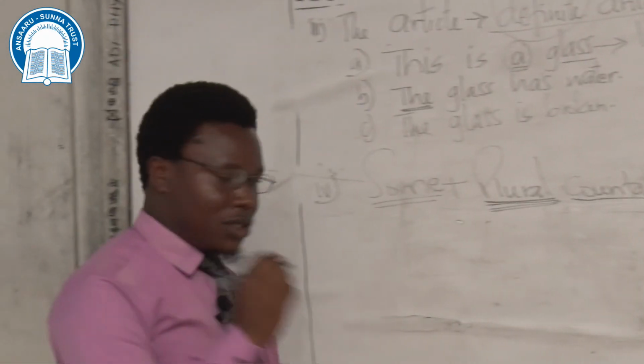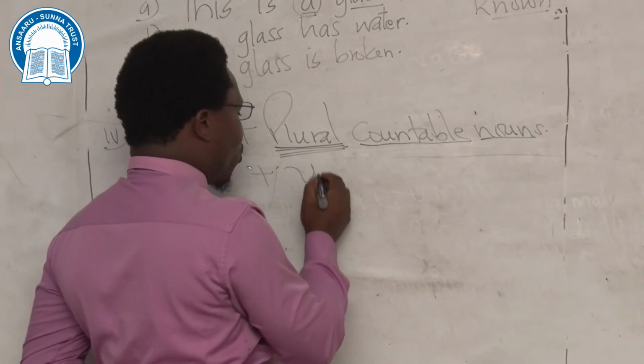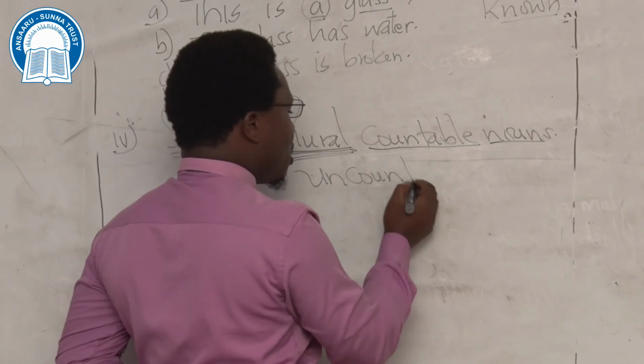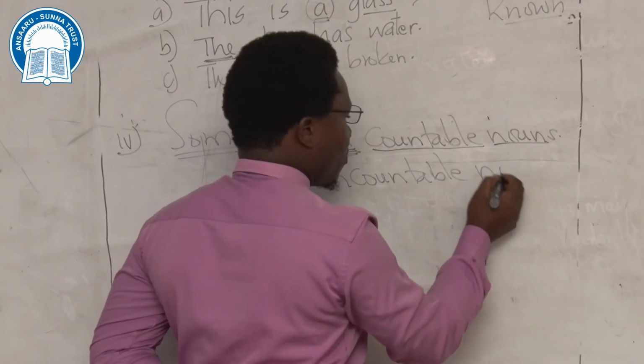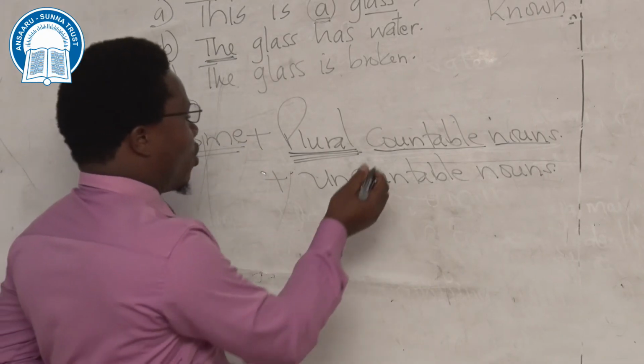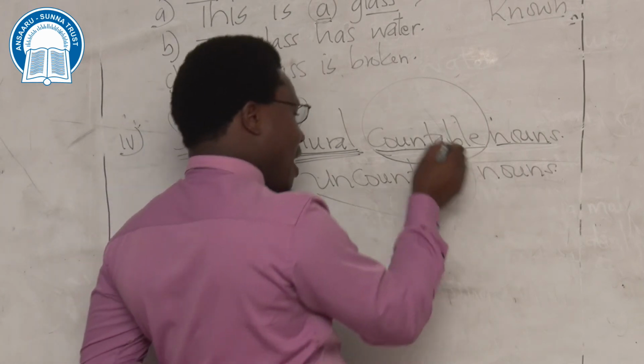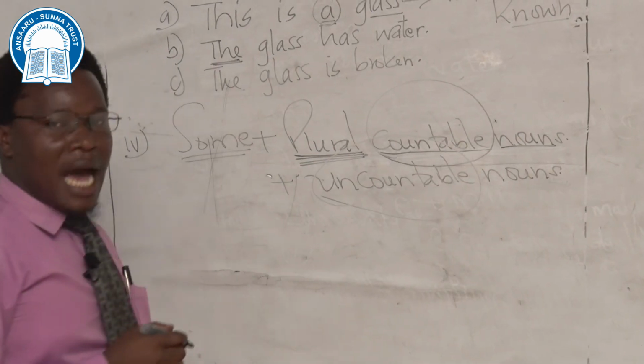That's one use. Two, "some" is also used with uncountable nouns. So you can have "some" being used with both countable and uncountable nouns.